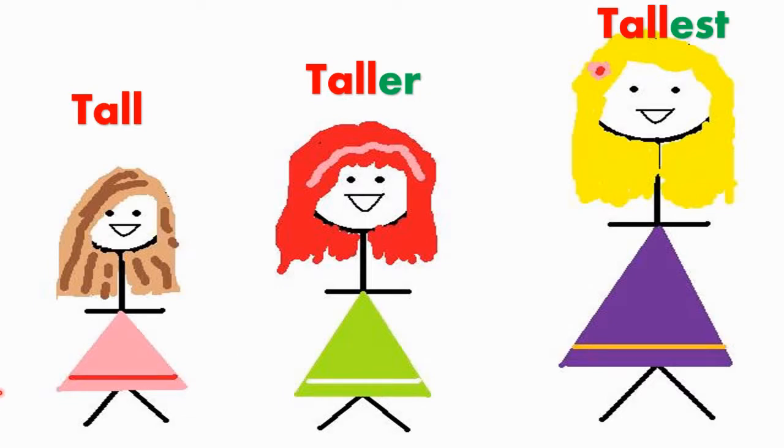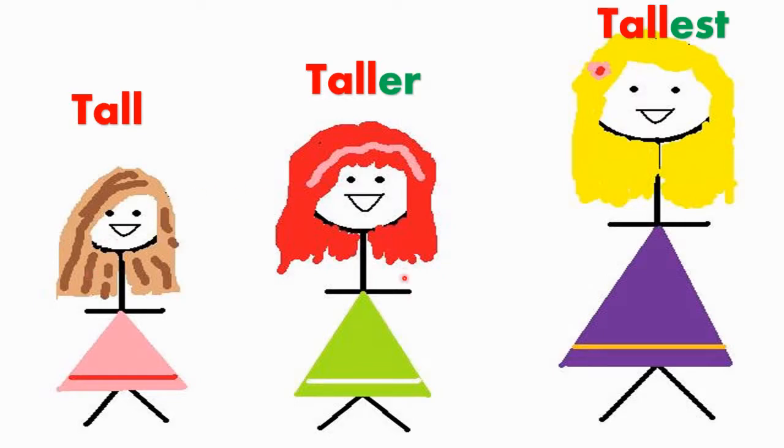Let's see here. Three girls are given. First, this girl is tall. Now see another girl. The second girl is taller than the first girl.